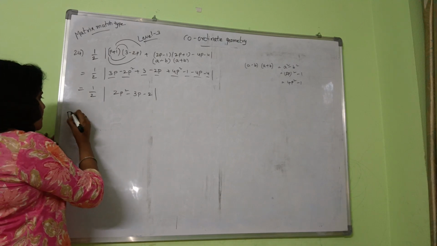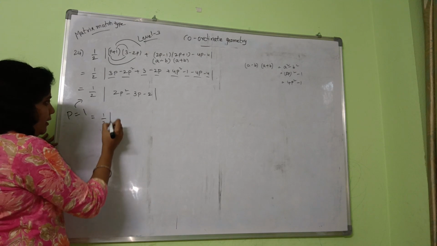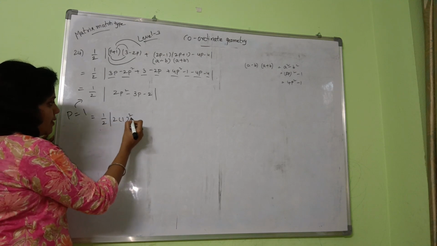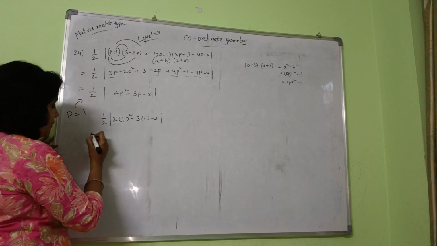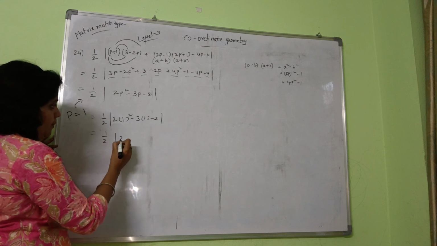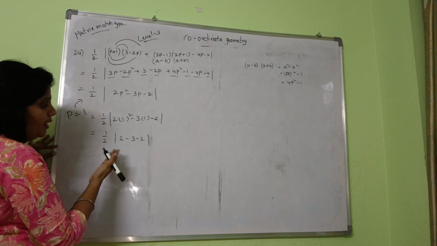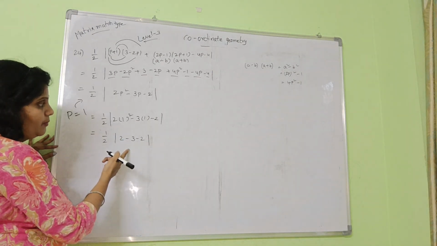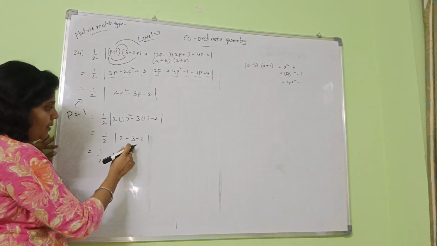Now we are going to substitute p is equal to 1 in this expression. That is 1 by 2 into 2 into 1 whole square minus 3 into 1 minus 2. Then 1 by 2 into 2 minus 3 minus 2. 1 square is nothing but 1 only. 1 into 2 is 2. Minus 3 into 1 is 3. Minus 2. 1 by 2 into 2 minus 3, how much?